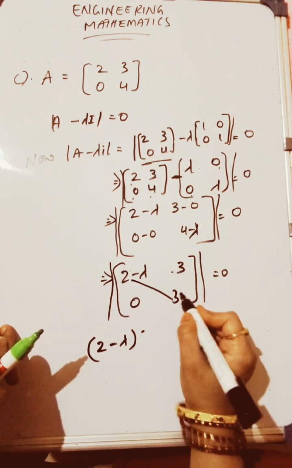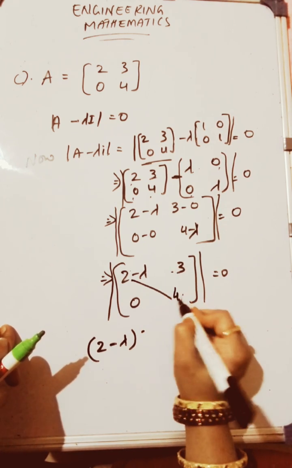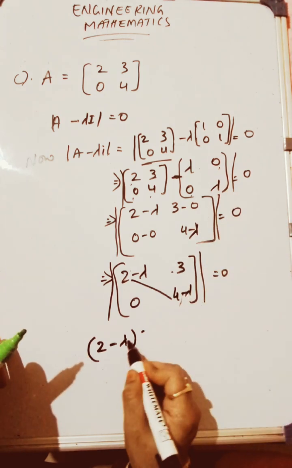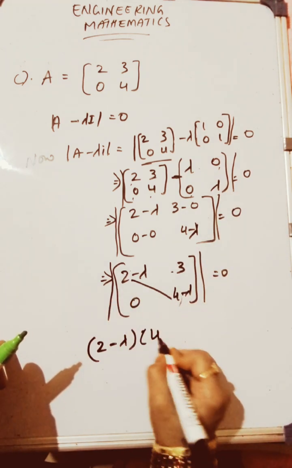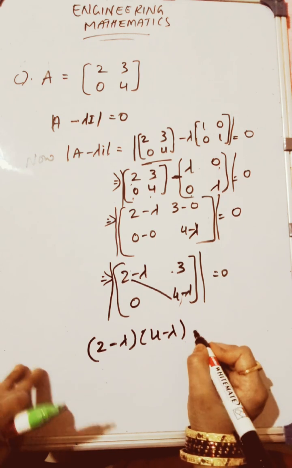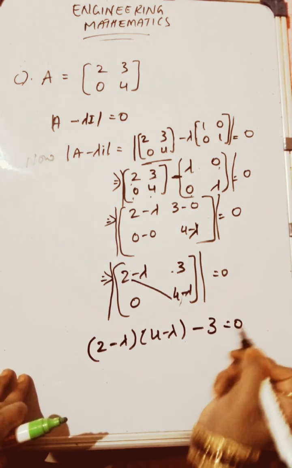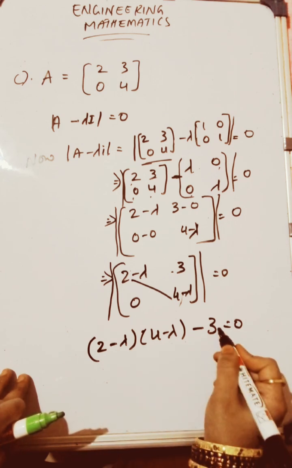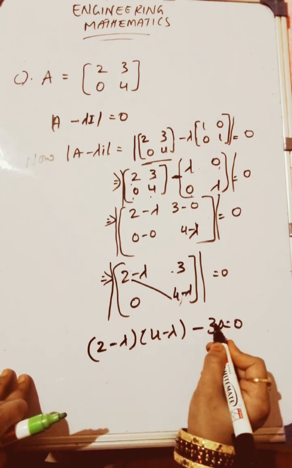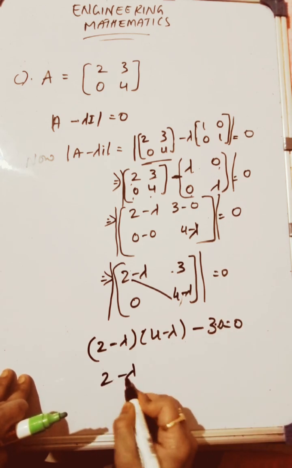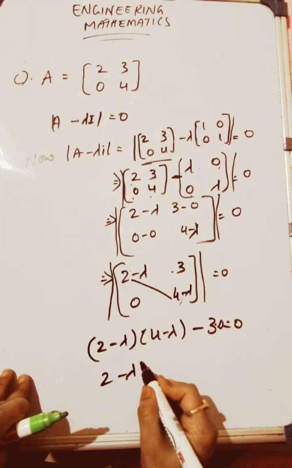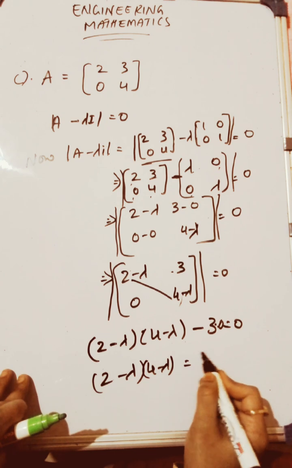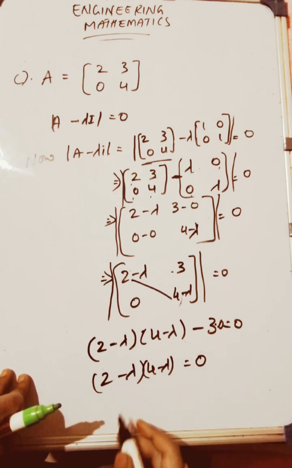Now 2 minus lambda into 4 minus lambda minus 3 into 0 is equal to 0. 3 into anything is 0 only. So 2 minus lambda into 4 minus lambda is equal to 0.